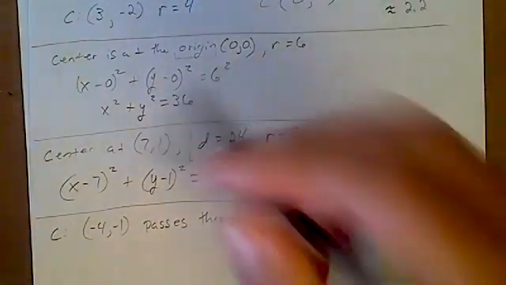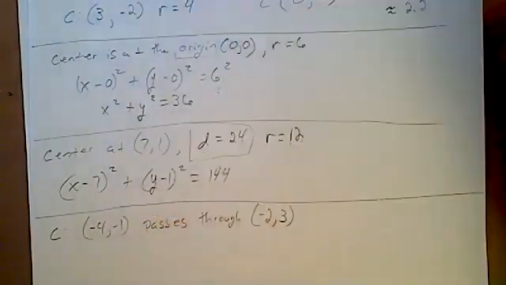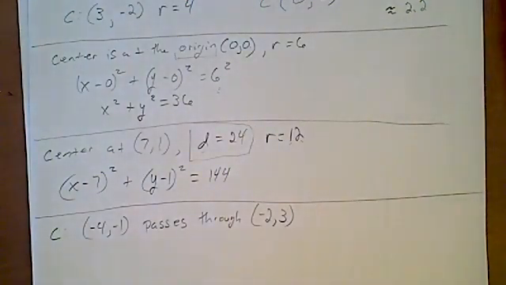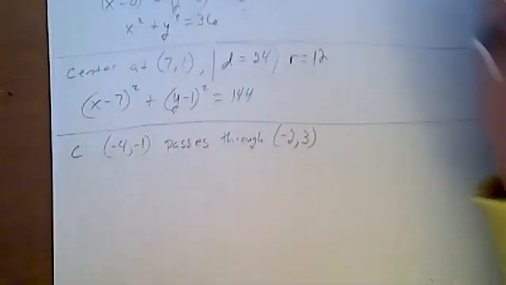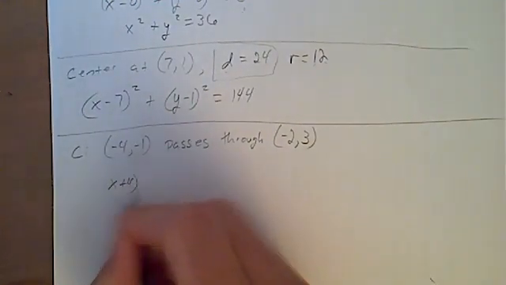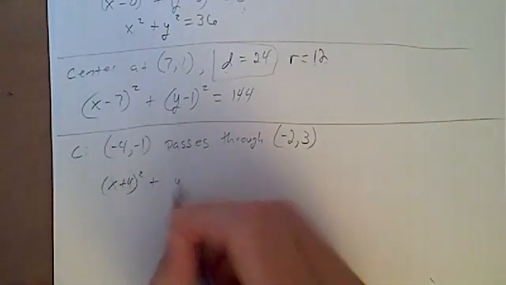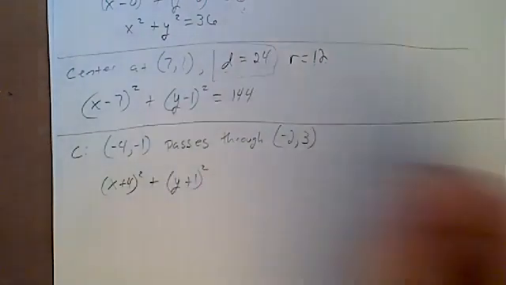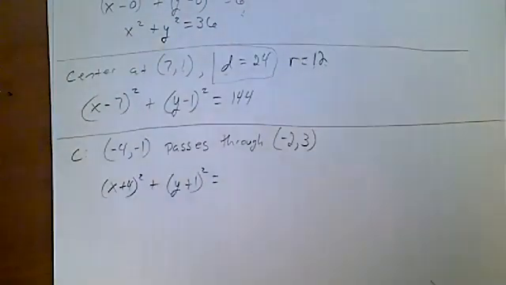So in other words, we want our center at -4, -1. If I asked you a question like this, minimally you should be able to set that up. So minimally you should be able to tell me that x plus 4 squared plus y plus 1 squared is something. Well, what's the radius?